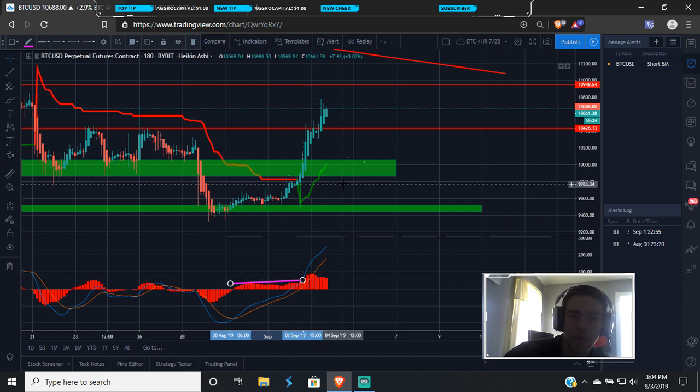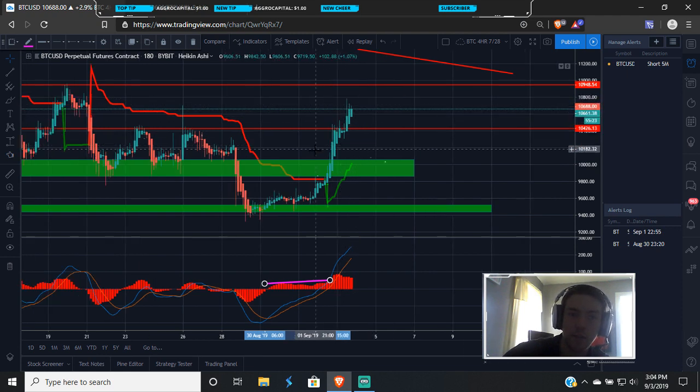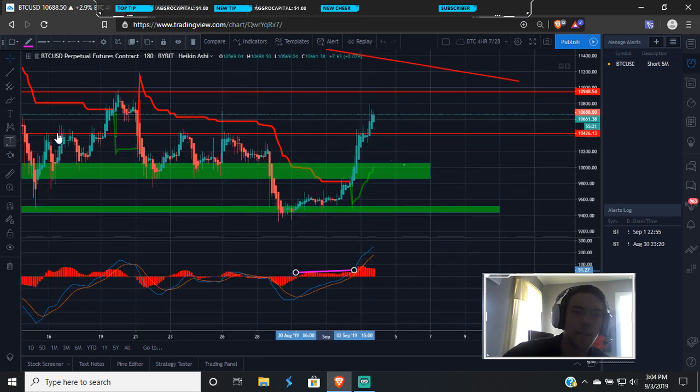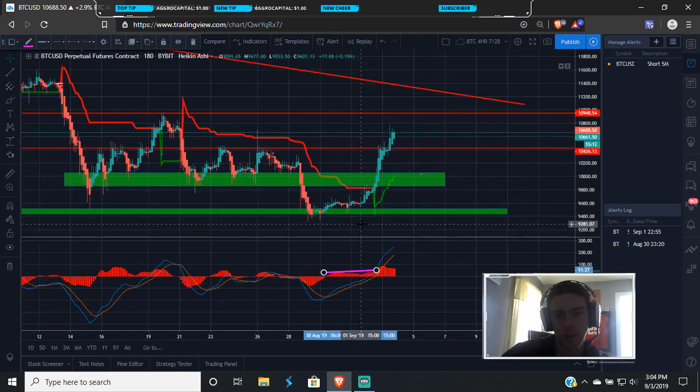So you entered at 9,820, and we hit a high of about 10,800, just under it. And you could have even taken profit at this resistance line at about 10,450, 10,500. You're still looking at a $700 gain.